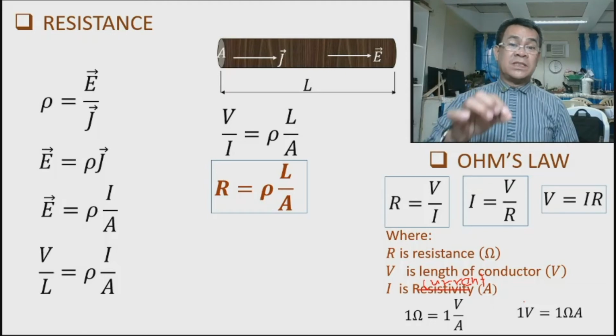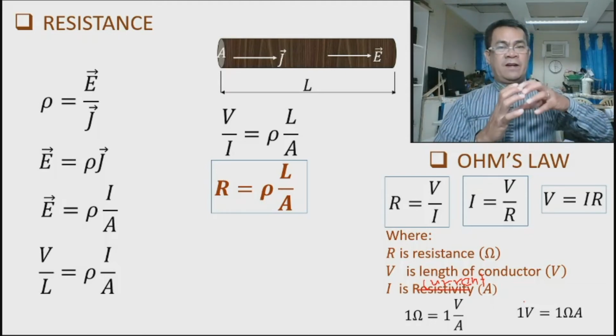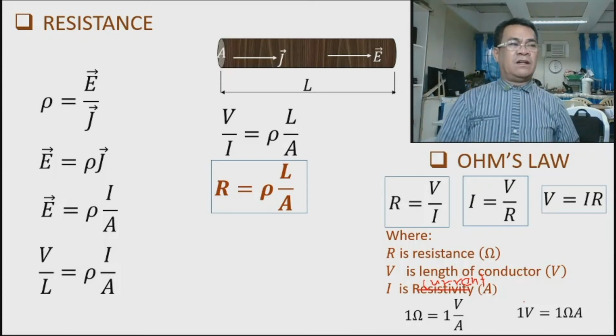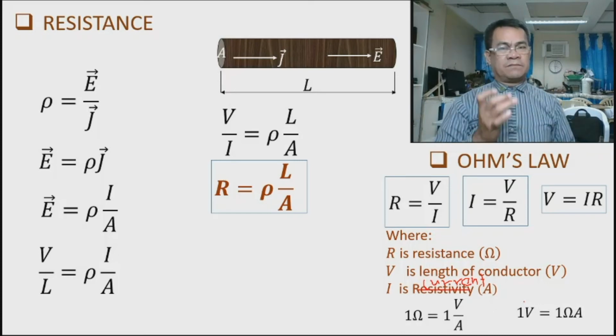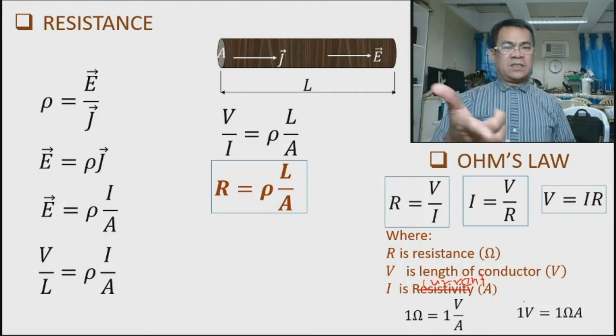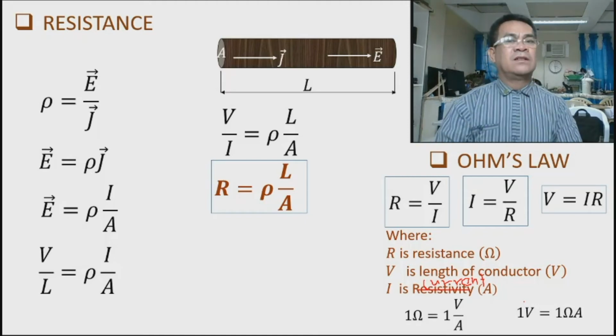But it is inversely proportional to the area. What does it mean? If your wire has a greater area, then it follows that your resistance is small, because it is inversely proportional. For a small area, the resistance is big.